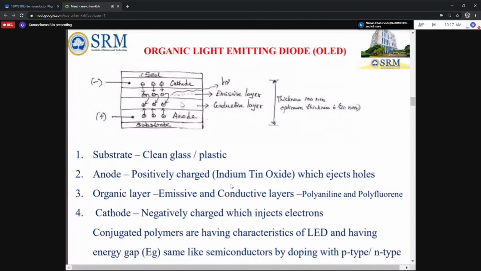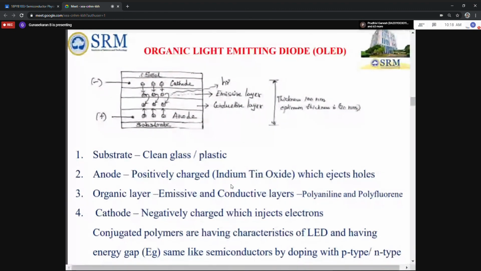The maximum thickness is 100 to 500 nanometer, and the optimum they take is 70 nanometer thickness. That is very thin compared to normal LEDs. Normal LEDs are macroscopic, but this is at the microscopic level because the thickness is too small, on the order of 100 nanometer only.